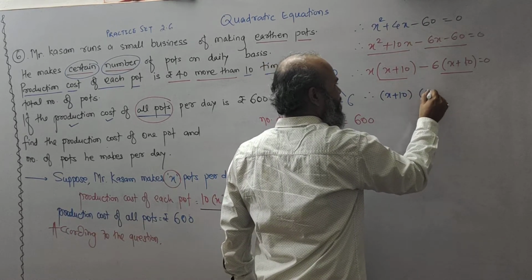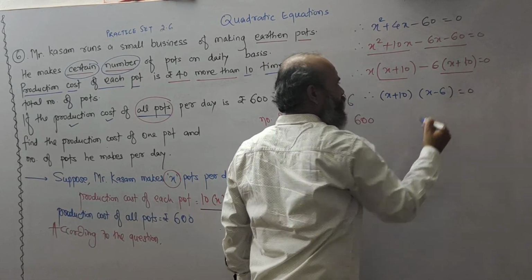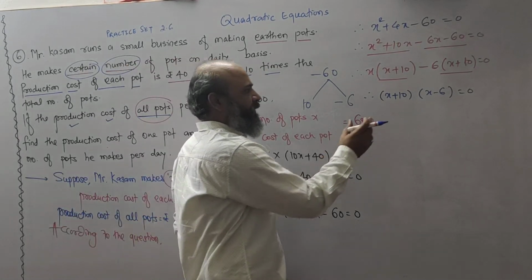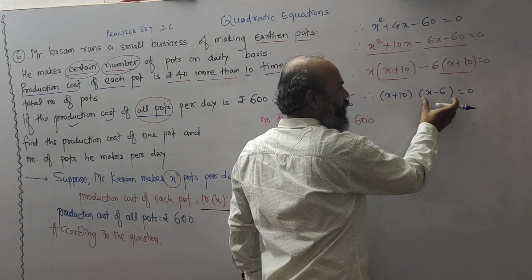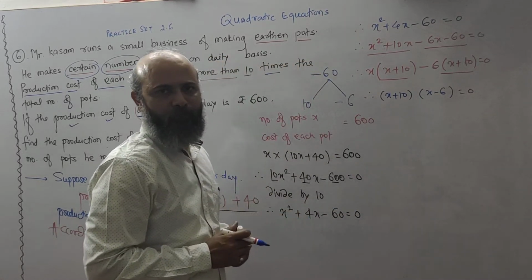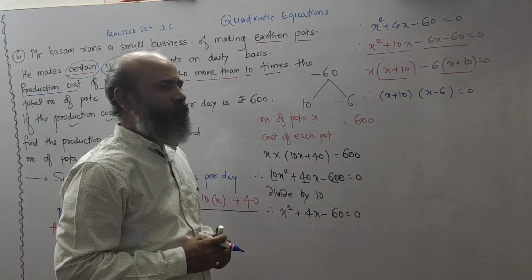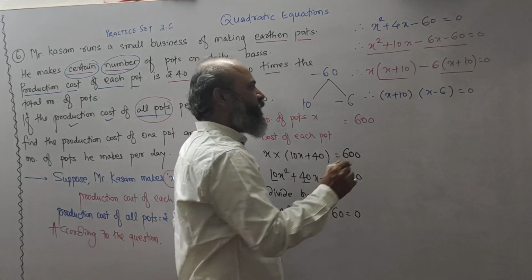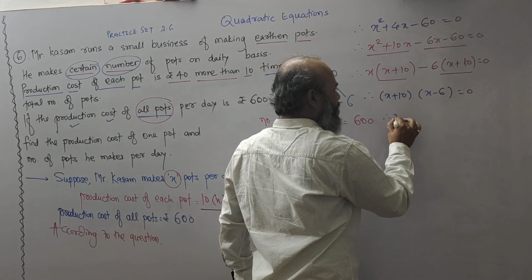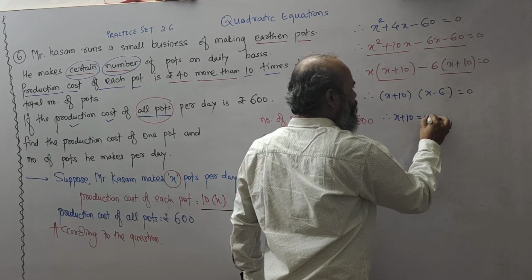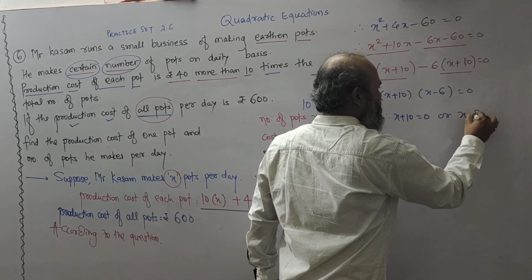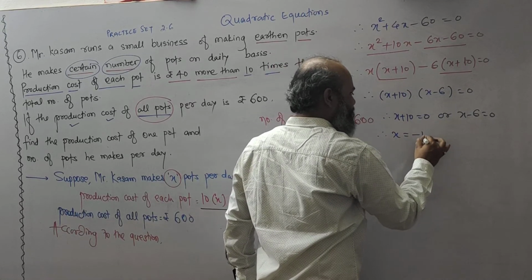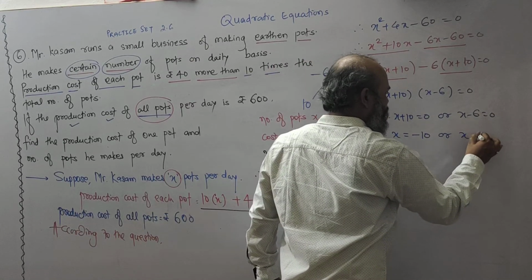In the next bracket you get x minus 6, and this is equal to 0. So either x plus 10 is equal to 0 or x minus 6 is equal to 0. Therefore x is equal to minus 10 or x is equal to plus 6.